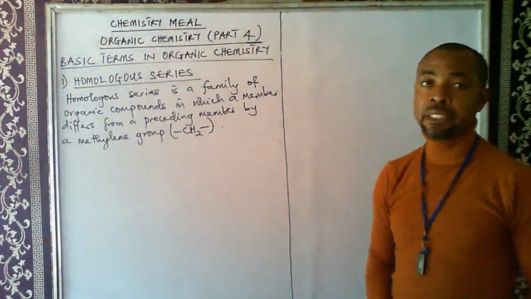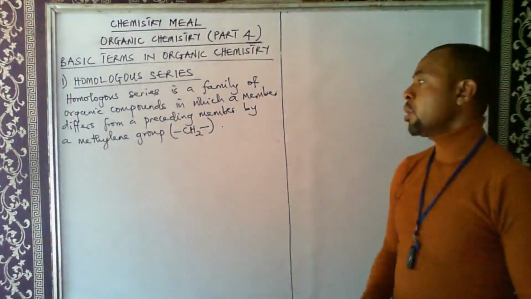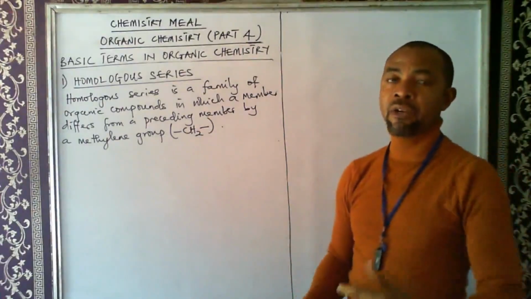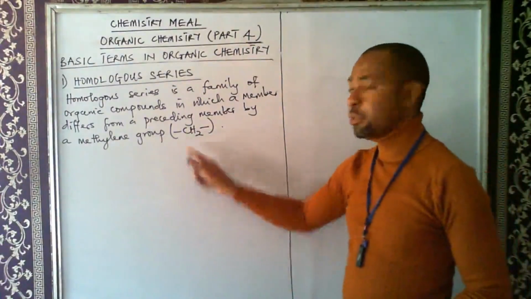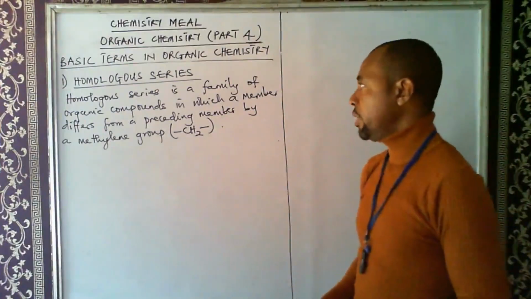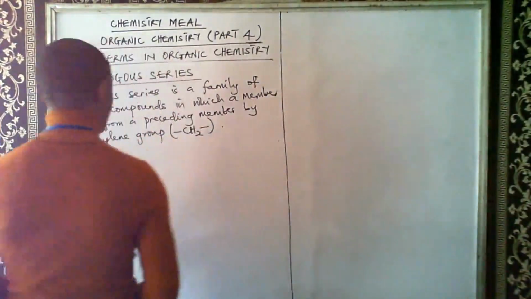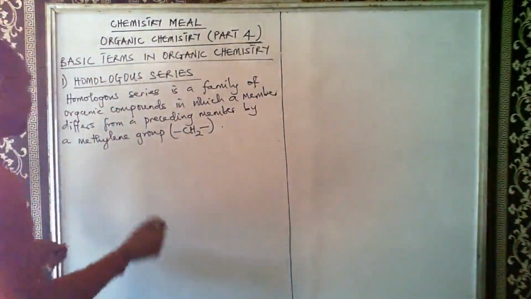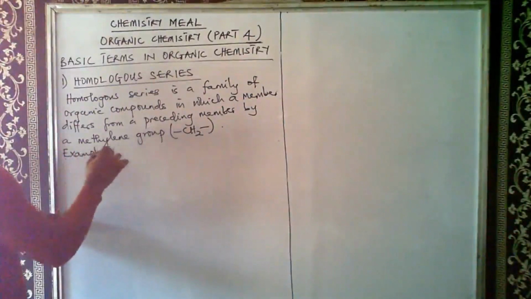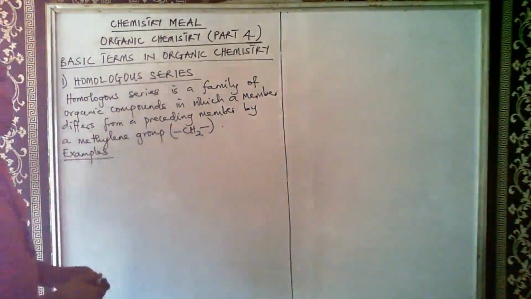CH2, that's the methylene group. So any group of organic compounds in which a member differs from another member by this group is said to be a homologous series. Examples of homologous series.